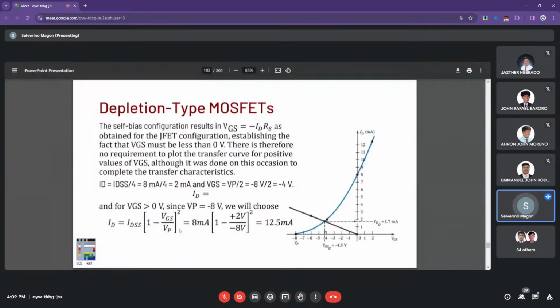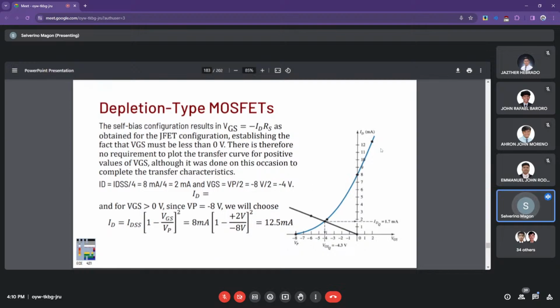Okay, so for the case of VGS greater than 0, since VP is at negative 8, we will use, say for example, a positive 2 volts along the curve from the Shockley's equation.